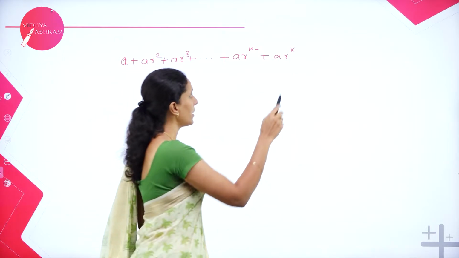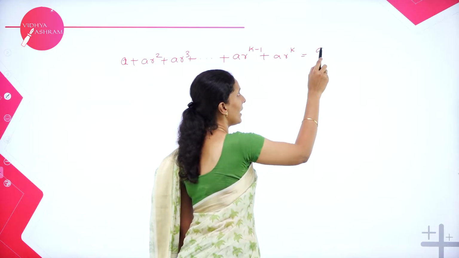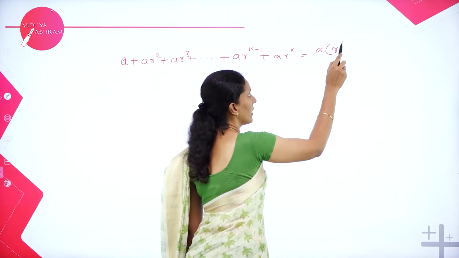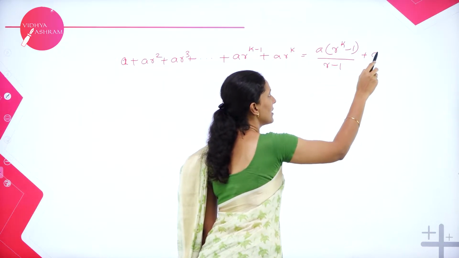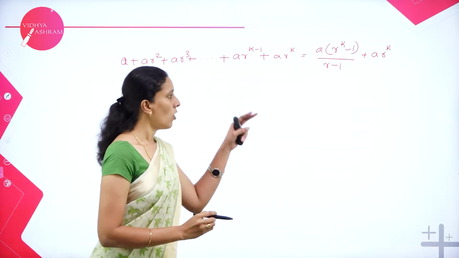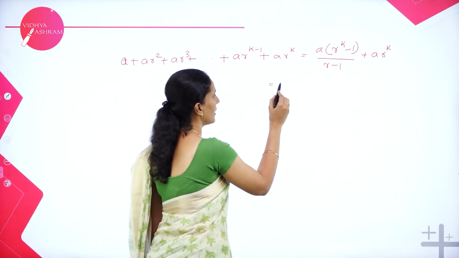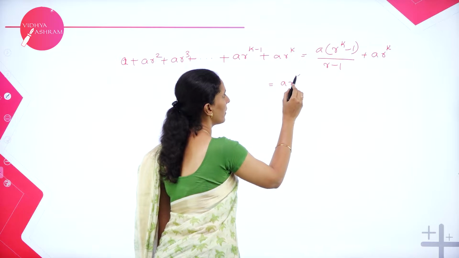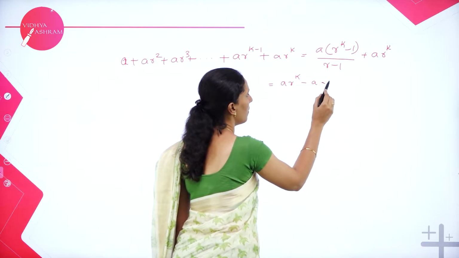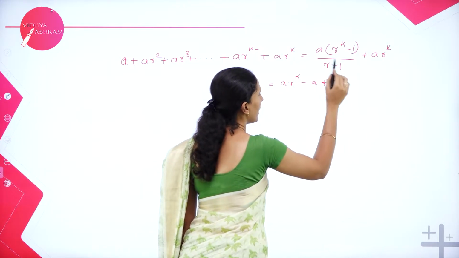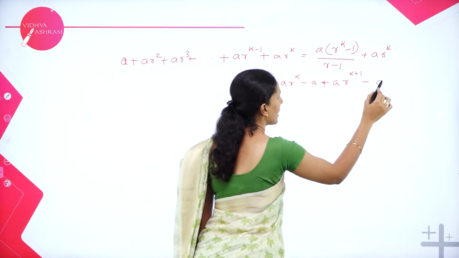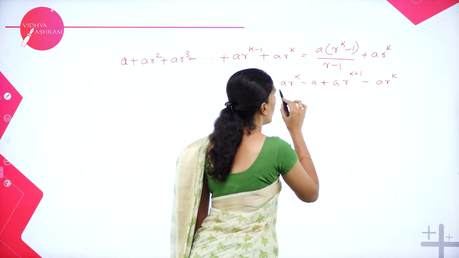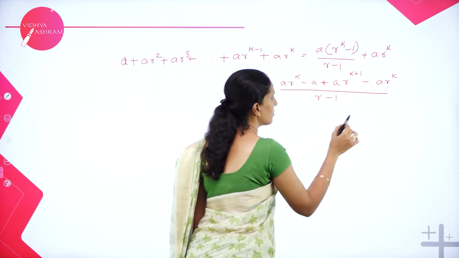And the right side of the equation becomes a into (r^k minus 1) divided by (r minus 1) plus ar^k. So on solving the right hand side, you can clearly see a r power k minus a plus a r power k into r, which is r power k plus 1, minus a r power k, whole divided by r minus 1.